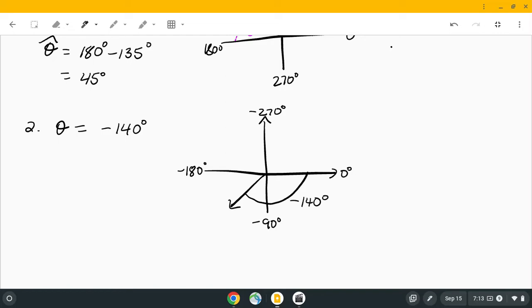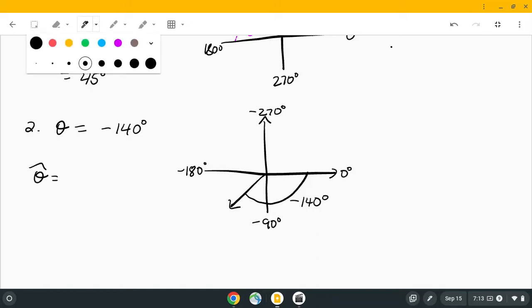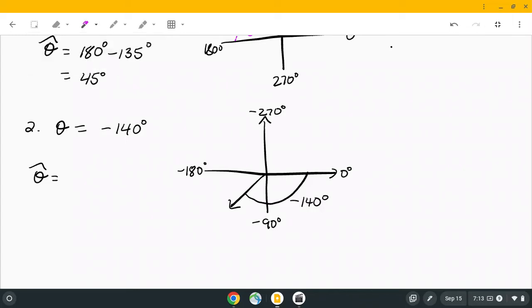Over here, we want the reference angle right over here. So here, we're going to do theta prime. Let me use my purple here. Theta hat is going to be that angle right over there.